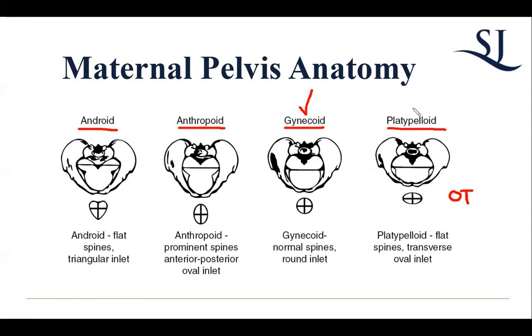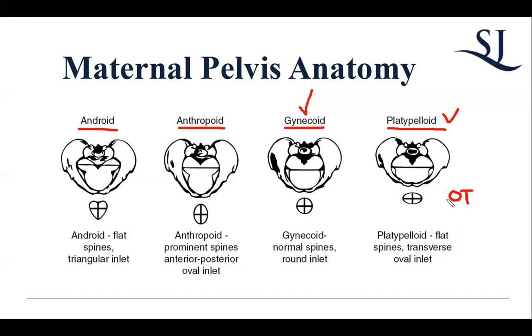But you'll see this in your Chinese population. That being said, they deliver all the time. Where I was at in my previous institution, there was a big Chinese population, and they had no trouble. But they have a platypelloid pelvis, and that's associated with an occiput transverse position.